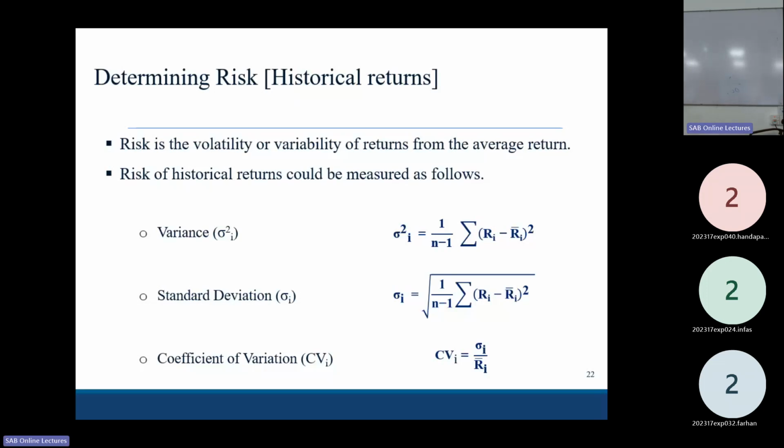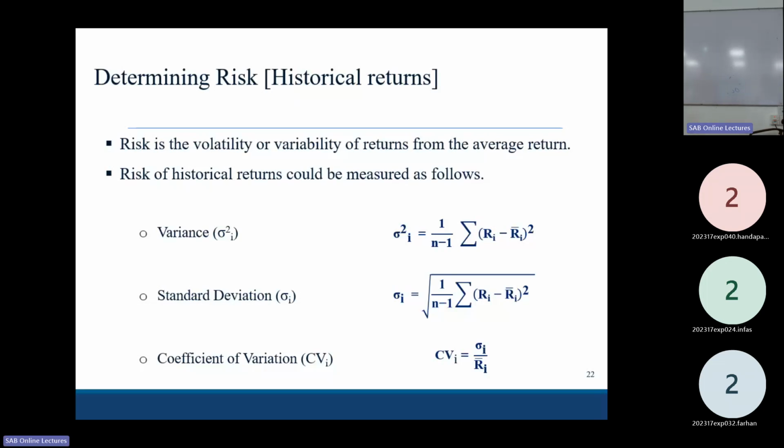But once you standardize the variance using the square root, if you are taking input as return, you will get a percentage. So interpretation of the standard deviation is easier than the variance. Variance you can standardize by using the square root of that. Therefore, we frequently take standard deviation to measure the risk.